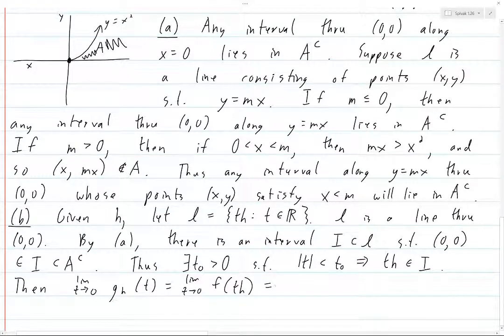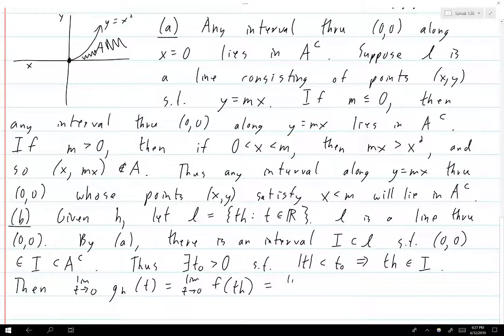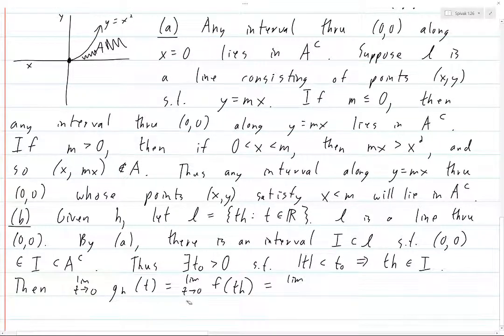If we're taking the limit as t goes to 0, then no matter how you approach 0, you're eventually going to lie entirely inside the interval I. So this limit is precisely the same as the limit as t approaches 0, where we only consider values of t such that the absolute value is less than t0.